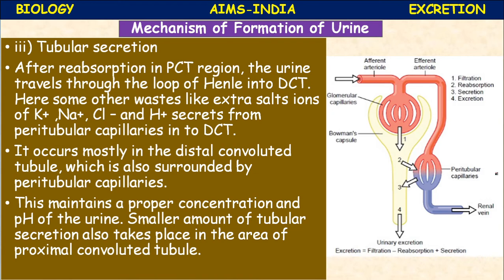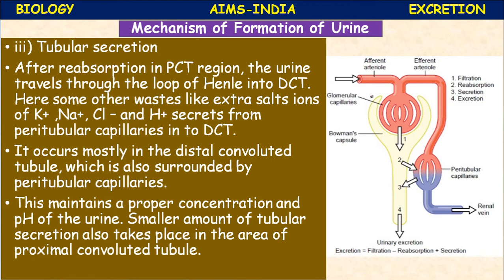So once again, observe this picture here. The entire mechanism of formation of urine is shown here. The afferent arteriole, the renal artery, enters the nephron in the form of minute capillaries called afferent arterioles. This arteriole will form the glomerular capillaries, or glomerulus, and it comes out.